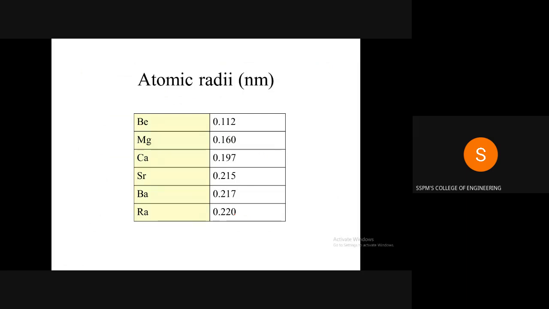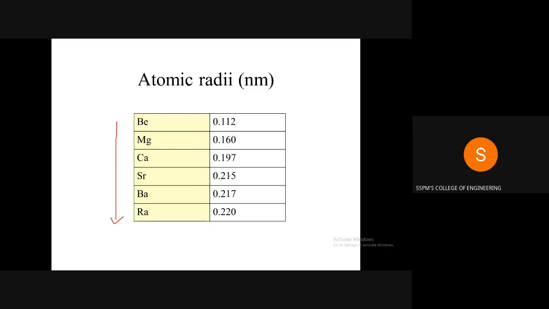Then atomic radii. Atomic radii increase when you go down the group, as in alkali metals. In alkali metals you saw lithium, sodium, potassium, all belonging to group 1, and the atomic radii increase. Similarly for the elements in group 2, the atomic radius increases when you go down the group. Beryllium has the smallest size compared to magnesium, then calcium, then strontium, then barium.